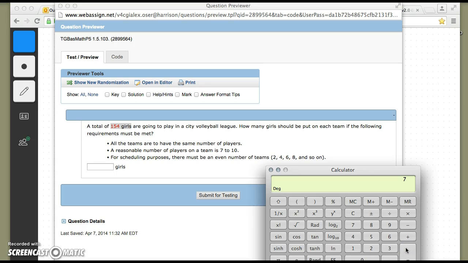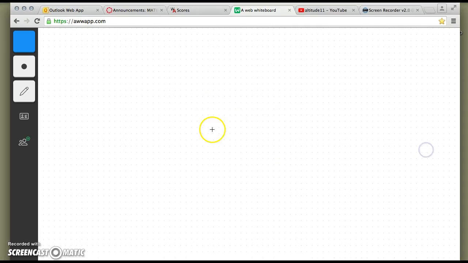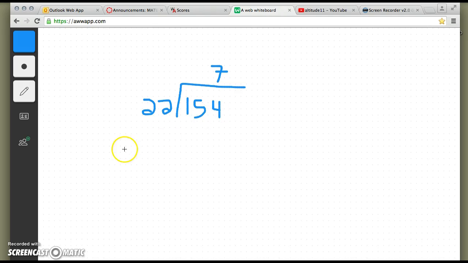So what we're saying here is that if you take 154 and divide it by 22, your answer ends up being 7. What this means is that 22 times 7 is 154.